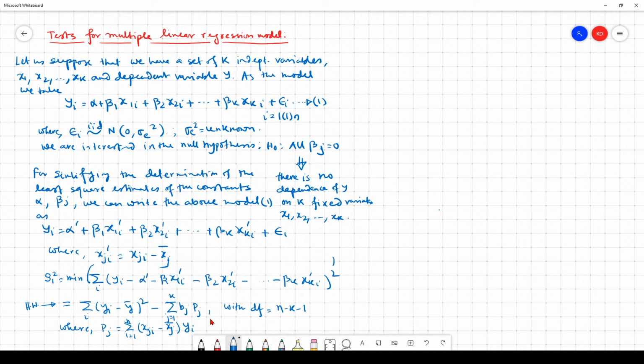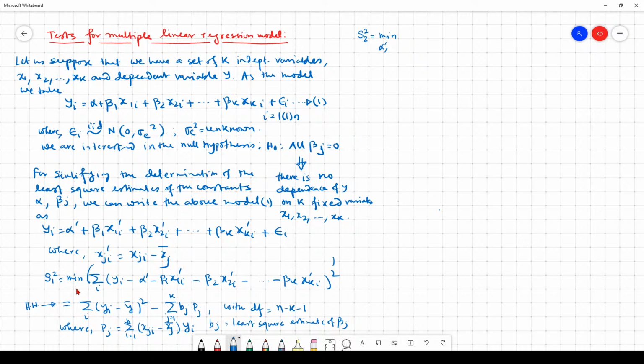So beta j hat is the least square estimate of beta j, and s2 square is defined as the minimum over alpha dash, beta 1, beta k.